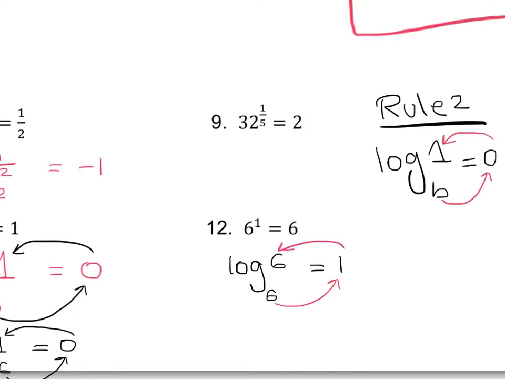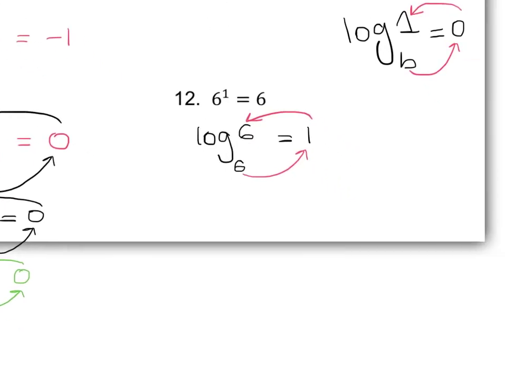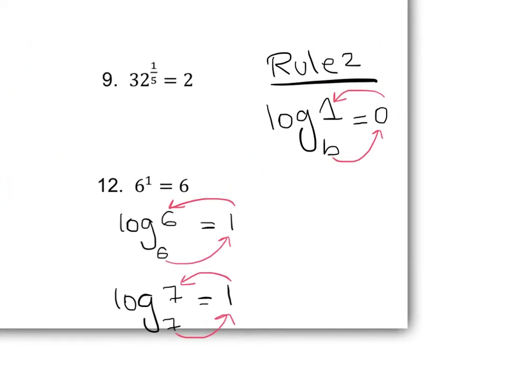Now let's try another one. What if I have log 7 and there's a base 7? So I can safely say that the answer is 1, because since the base and the answer or the argument are the same, let's try it. 7 to the power 1 is 7. So again, we can conclude another rule. So we're going to call it rule number 3.